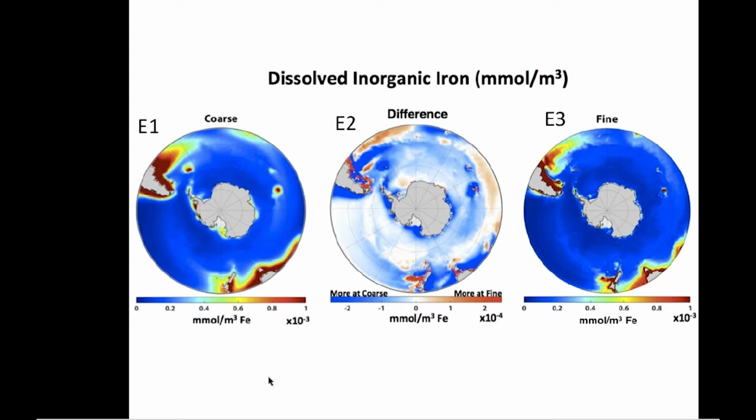We also looked at dissolved inorganic iron, and again, the Patagonian shelf really sticks out as a difference across resolutions, with this filament of iron-less water up the Patagonian shelf being visible in the fine resolution in figure E3 and not visible as much in figure E1 at the coarse resolution.